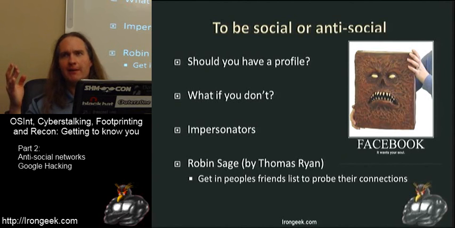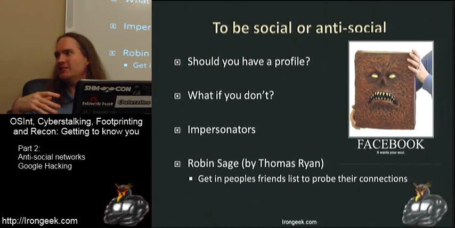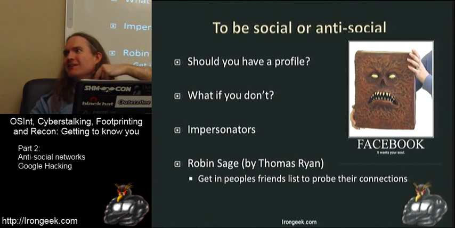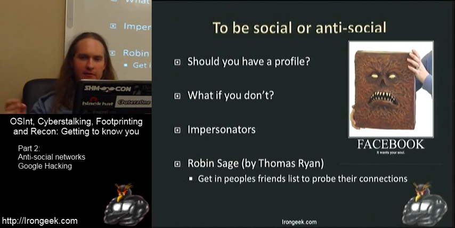It's basically a fake account that Thomas Ryan set up, where he got a bunch of people from various security agencies to add him, or I should say, add him as her, to the profiles so he could look around. And, you know, pretty girl in the InfoSec industry, it doesn't take long to compile a large list of people who have added you as a friend.